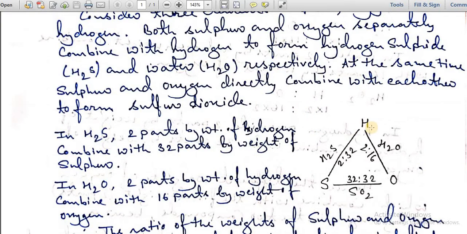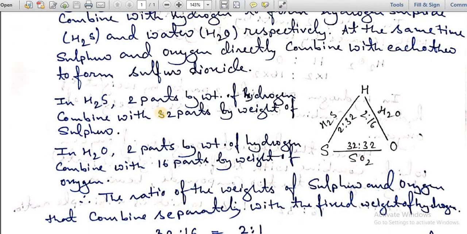Sulfur can combine with hydrogen to form H2S, hydrogen sulfide, and oxygen can combine with hydrogen to form water. At the same time sulfur and oxygen can also combine directly with each other to form sulfur dioxide.